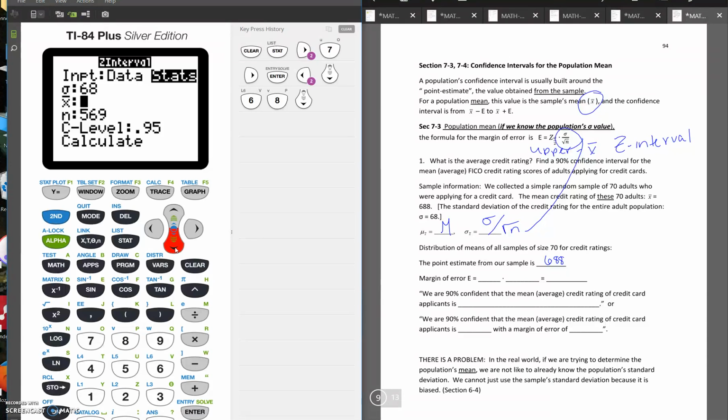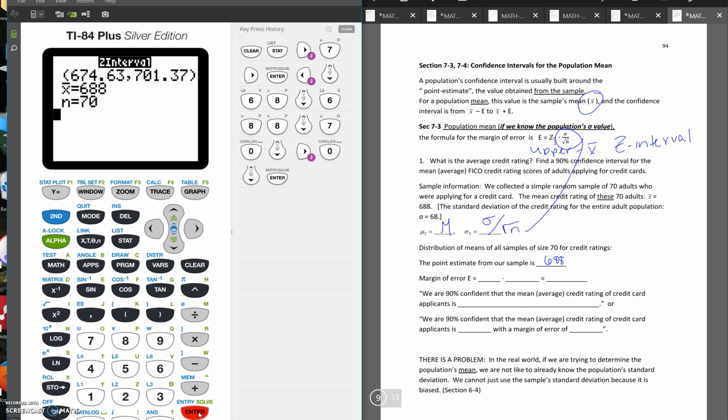We're going to put in the mean they give us, 688, and the n was 70. And we're told we want to find a 90% confidence level, so we're going to change that confidence level to 0.90 and hit calculate.